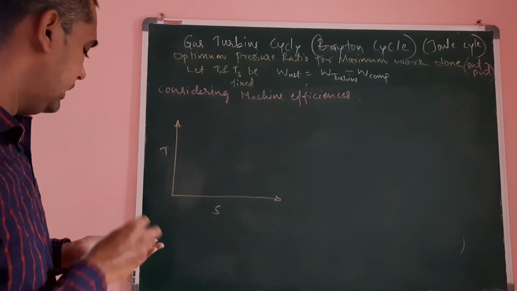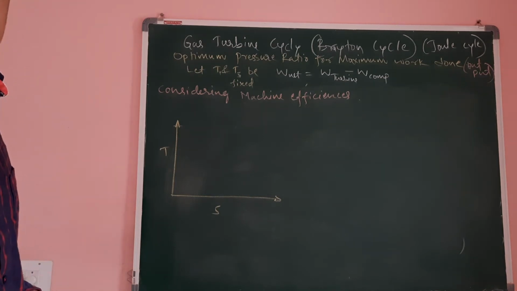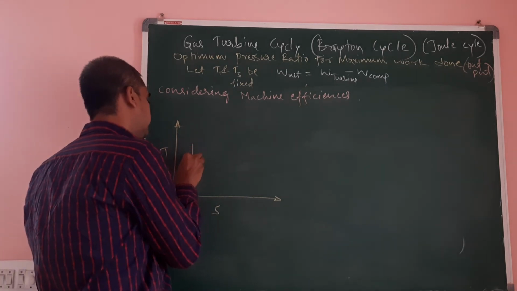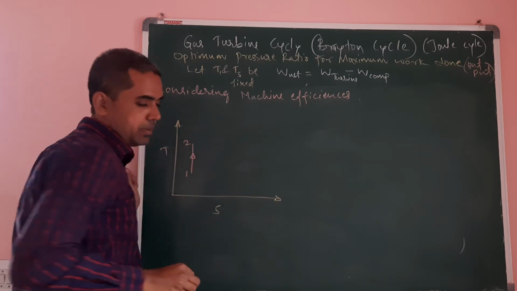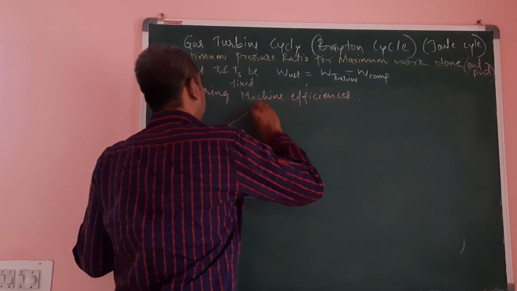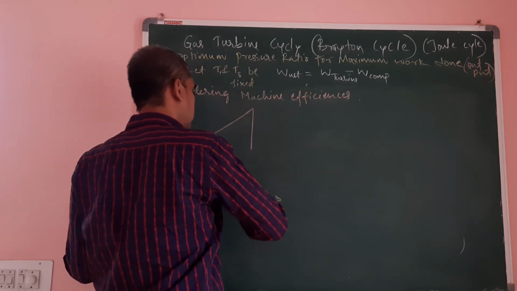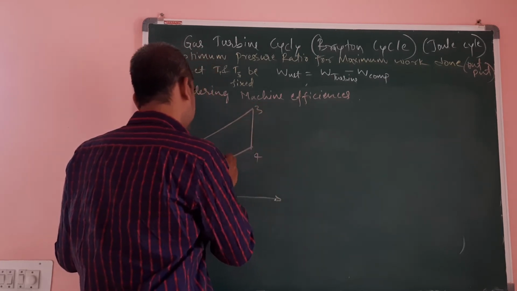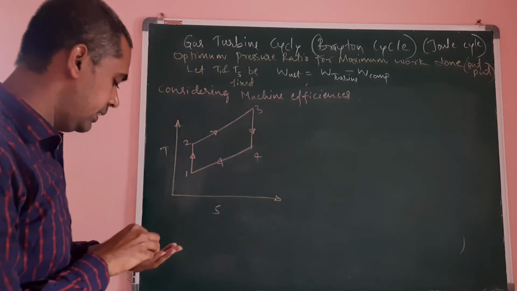Now I will draw the TS diagram, temperature-entropy diagram. 1 to 2 is isentropic compression, 2 to 3 is constant pressure heat addition, 3 to 4 is isentropic expansion, and 4 to 1 is constant pressure heat rejection. These are the 4 processes of the Brayton cycle.